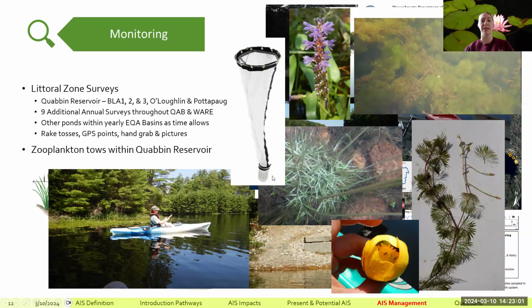So this means that we can survey a wide area, but only have to look through a very small sample to see what we have. In that sample, we'll do a scan and quickly see if there's any water fleas or other invasive zooplankton, and continue on. Those surveys are done only in the Quabbin Reservoir. We don't do those in other water bodies.